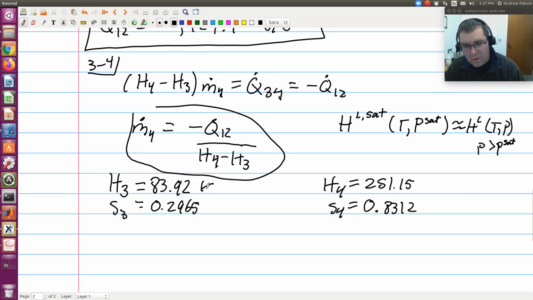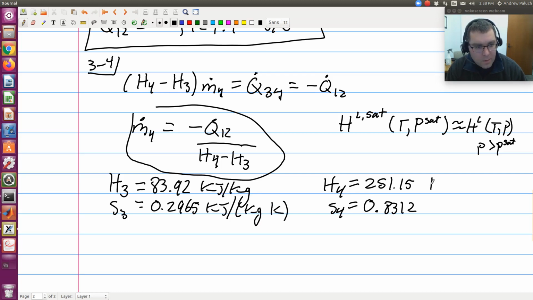This is kilojoules per kilogram, and kilojoules per kilogram Kelvin. And we are good to go.